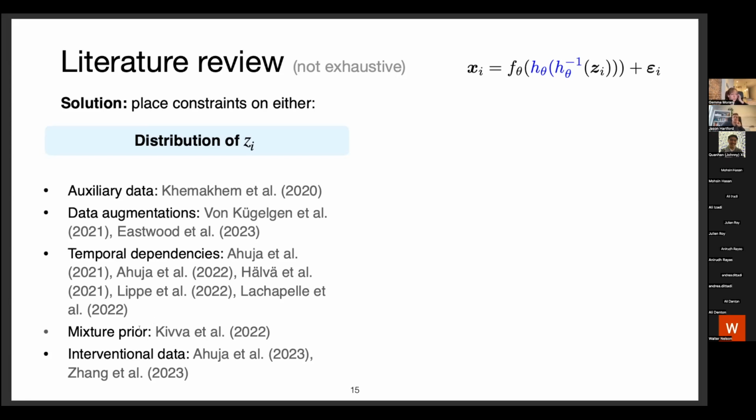So this Kiefer et al. paper, for example, assumes a Gaussian mixture model prior. And then we've seen some talks on using interventional data. So if you're actually able to change the distribution of Z, how does that then affect your learning and place constraints on this distribution?